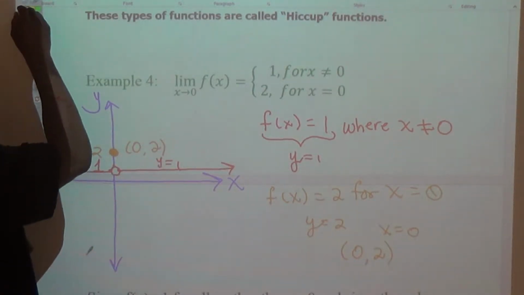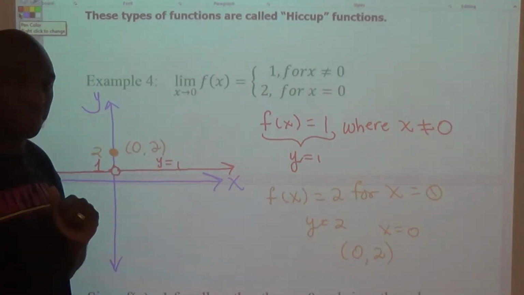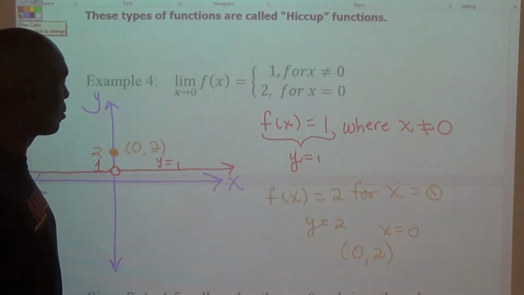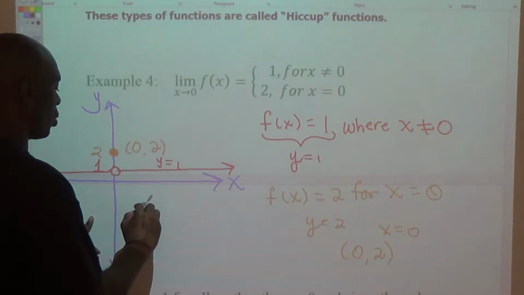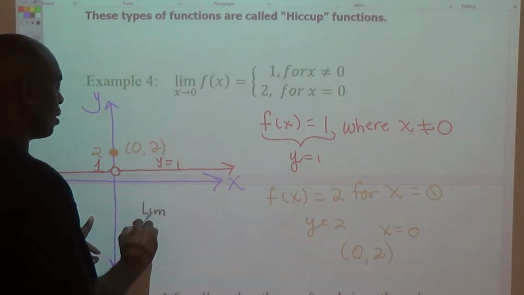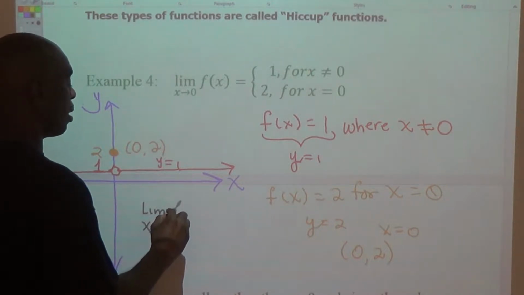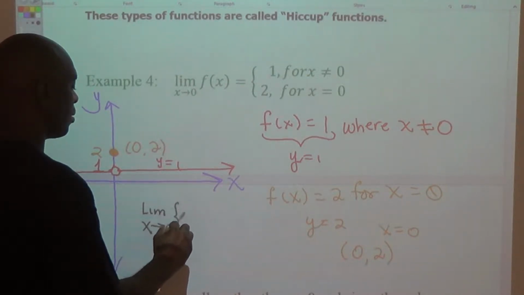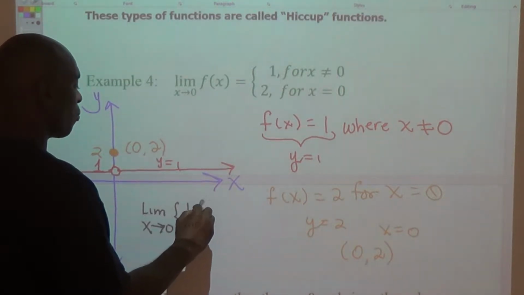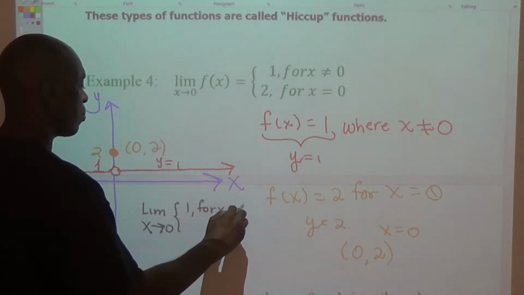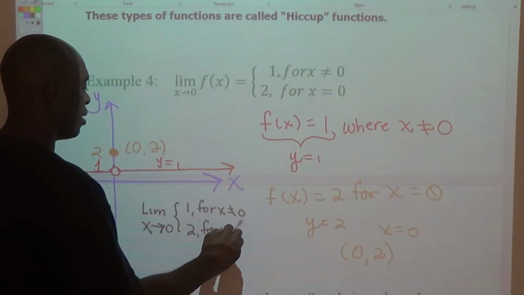All right, that's done. So now we're ready to find the limit. So the limit as x approaches 0 of f of x, which is 1 for x not equal to 0, and 2 for x equal to 0.